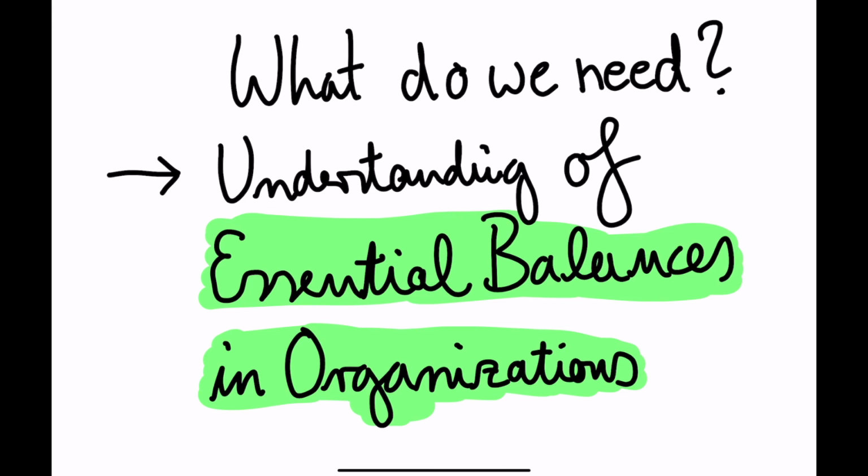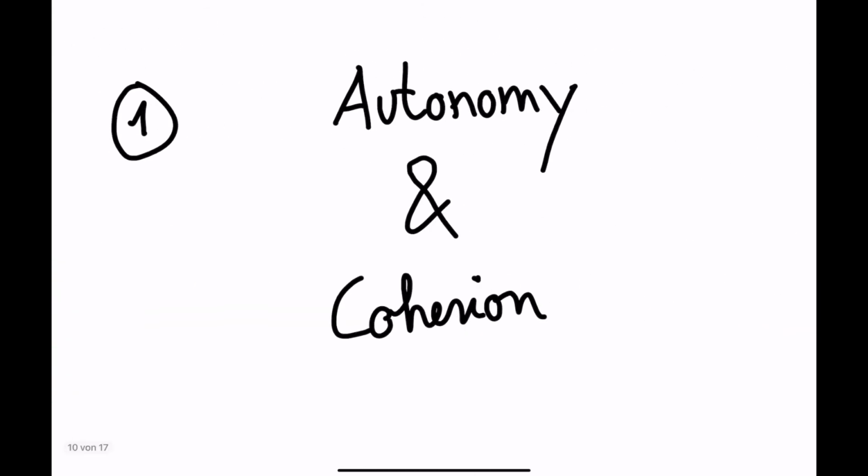Therefore, what is the first balance? The first balance describes actually a typical dilemma in organizations between autonomy and cohesion. Like I have said in the Spotify matrix example and also the network context, of course, on the one hand, you want to have operational units who are as independent as possible, that they can deliver the value.